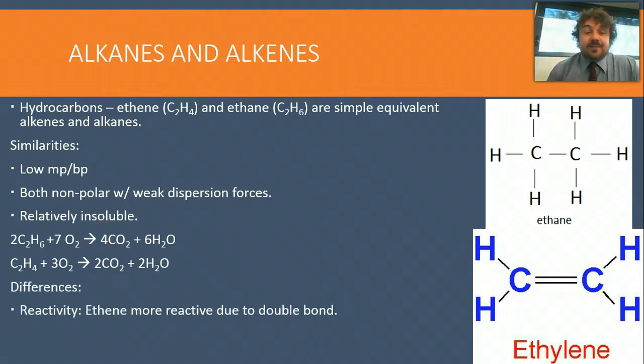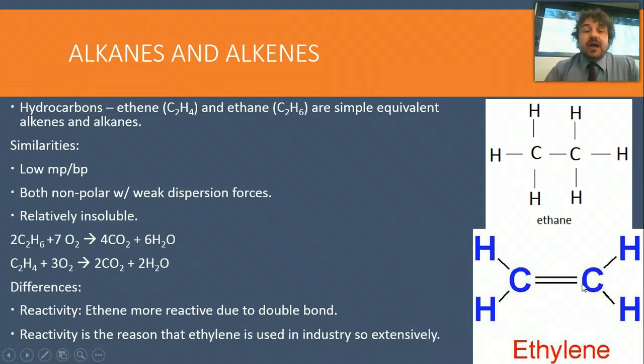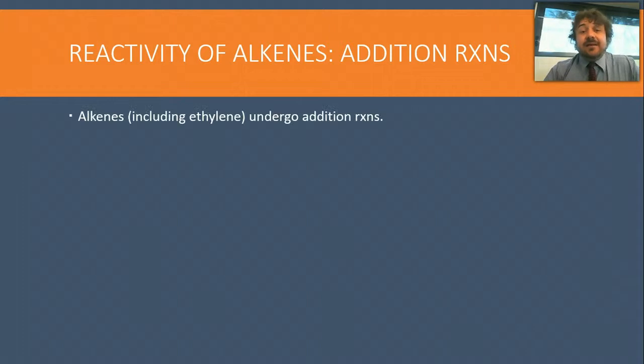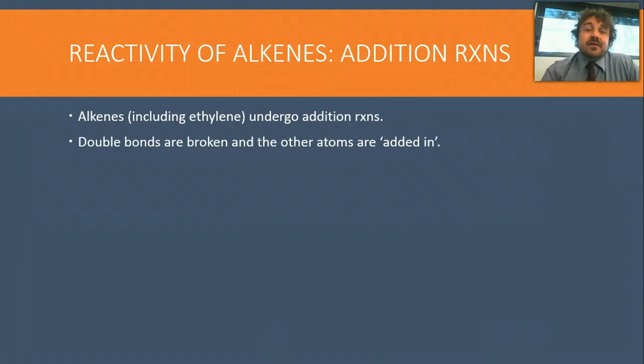The differences: ethene or ethylene is way more reactive because of its double bond. That reactivity, that easiness to get it to react with something else, is why we use it in industry so extensively. Alkenes undergo addition reactions, where the double bonds are broken apart and other atoms are added in.